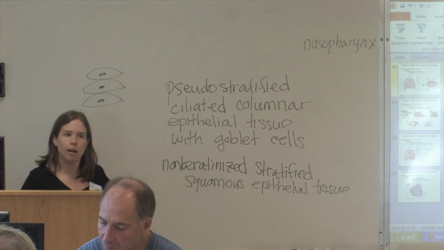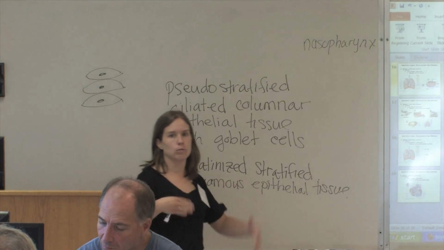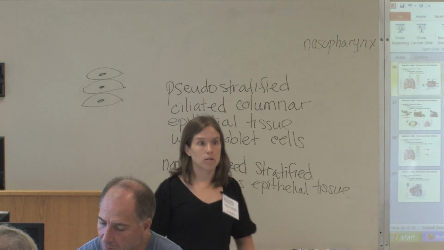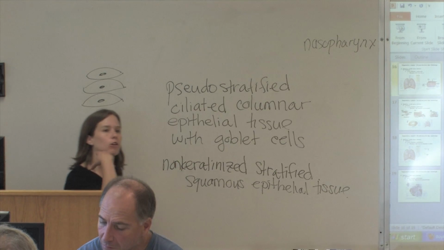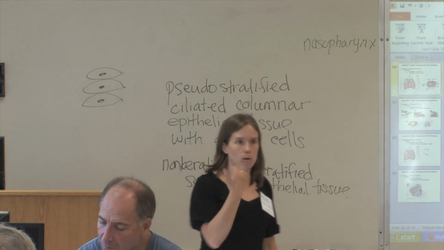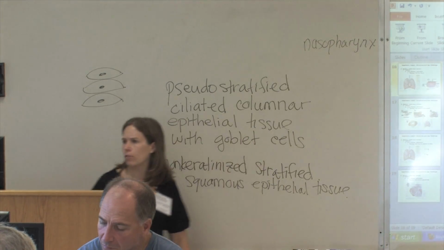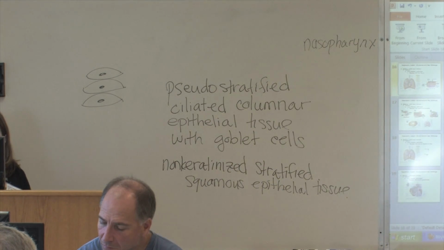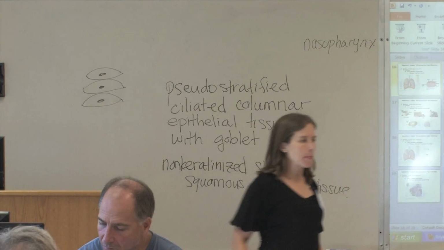And non-keratinized because they don't produce the protein keratin, whereas the stratified squamous epithelial tissue in your skin does. This is in your mouth. Well, it's behind your mouth, as you're swallowing the food, the lining is non-keratinized stratified squamous epithelial tissue. Okay? Are we good with that?